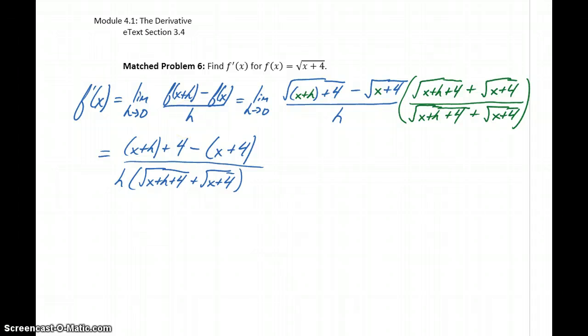So in the numerator, we could distribute this negative sign, so that'll become plus a negative x minus 4, which means 4 and negative 4 will cancel out. X and negative x will cancel out.